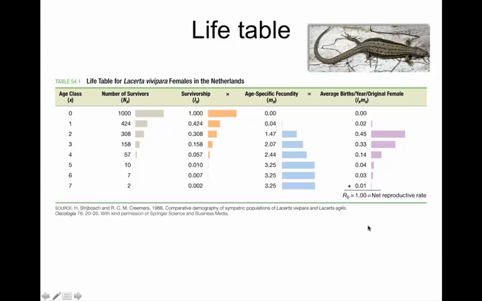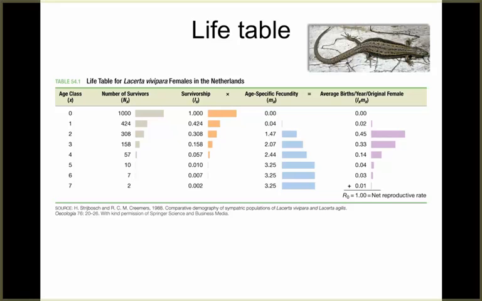This is not necessary. And the consequences of this number are that this population is relatively stable. It is neither increasing nor decreasing, that every female on average is generating a single replacement female sometime during her lifetime.